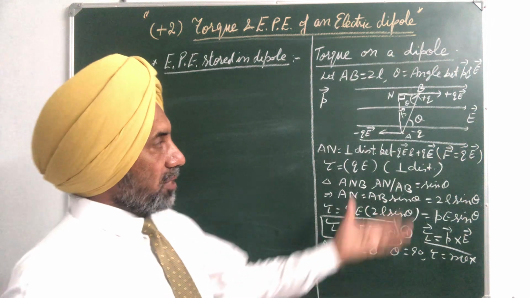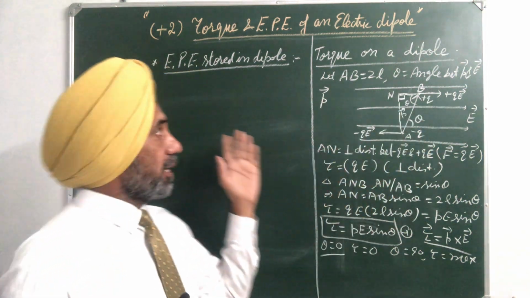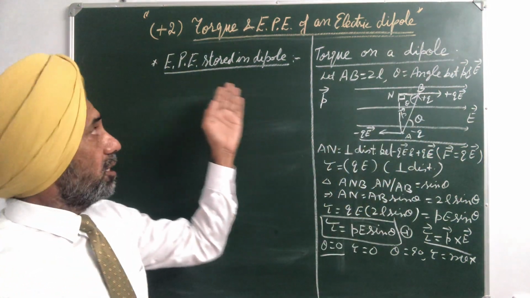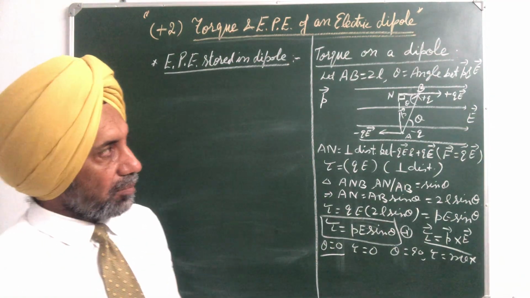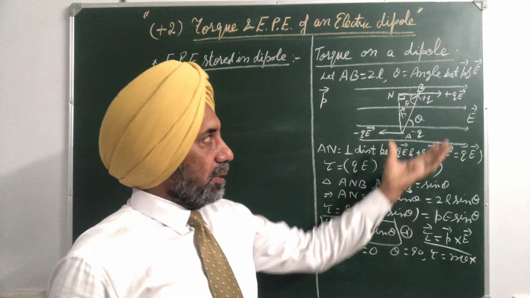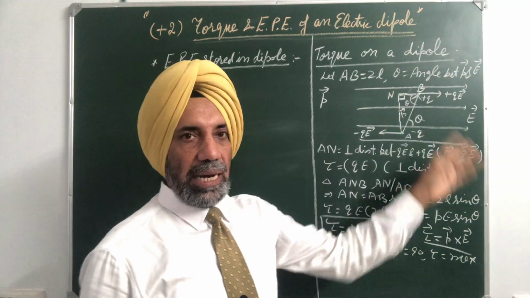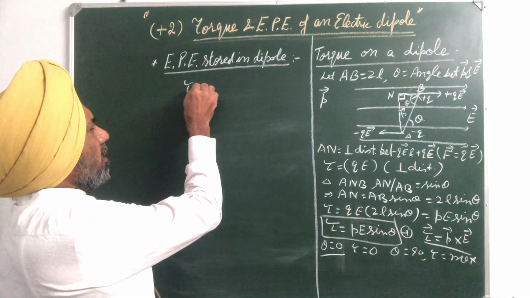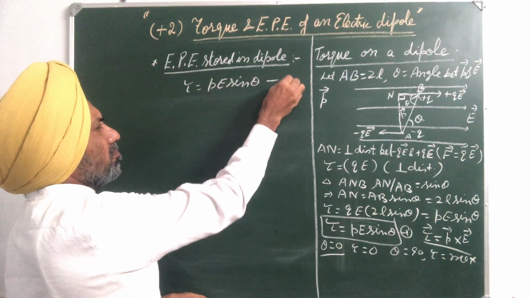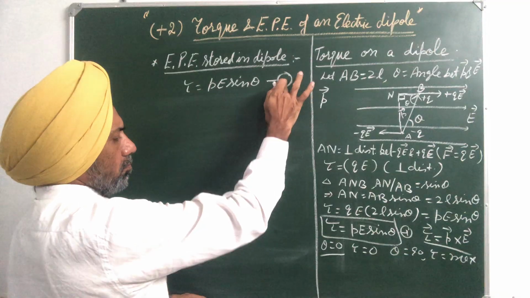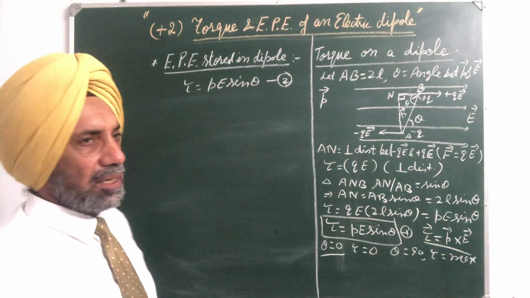Now, from the same diagram we can find the expression for electrostatic potential energy stored in the dipole. We have proved that when theta is the angle between P and E, torque is given by PE sin theta.